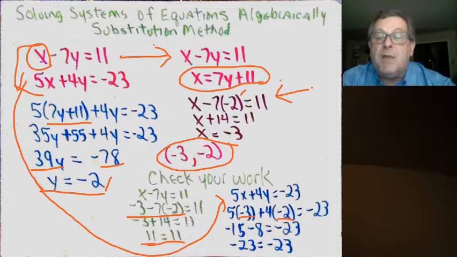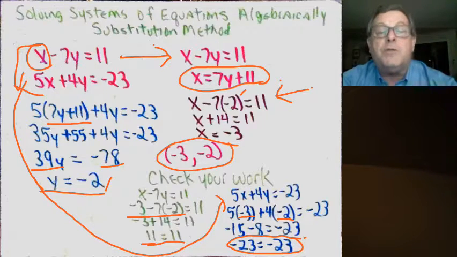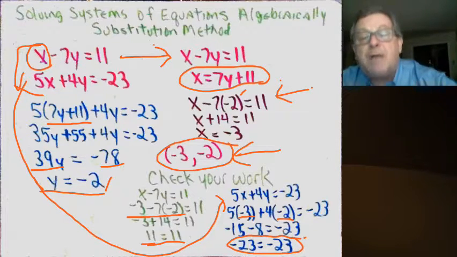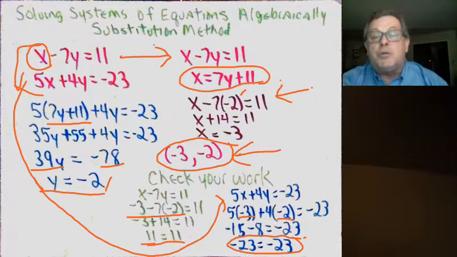Well, minus 15 minus 8 is minus 23, and minus 23, I think we could all agree, equals minus 23. So this solution set, x is equal to minus 3, y is equal to minus 2, is a true solution set for my system of equations, x minus 7y equals 11, 5x plus 4y equals minus 23. Substitution method.